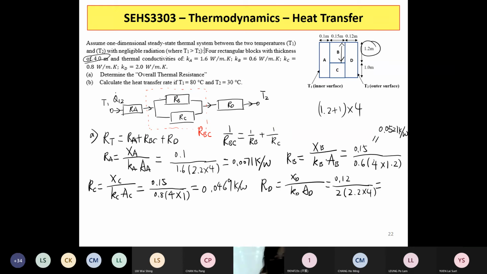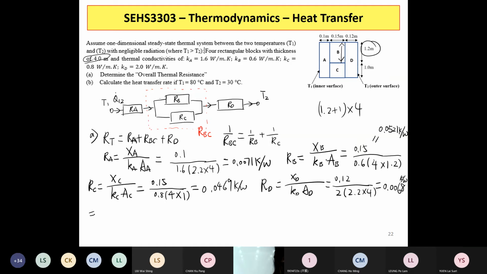Who can tell me the result? What's the number? 0.068 K per watt, right?